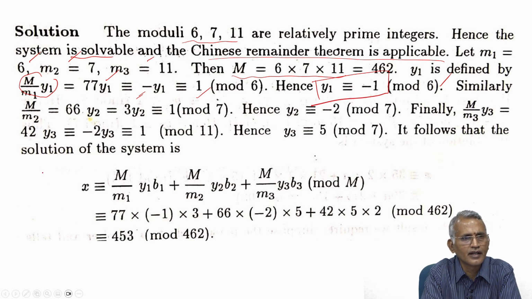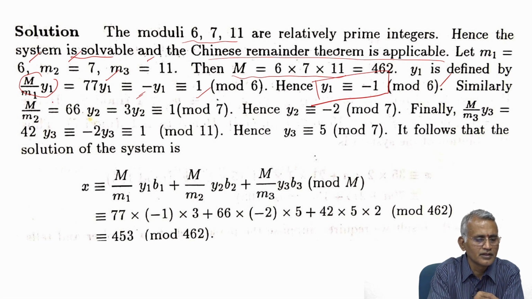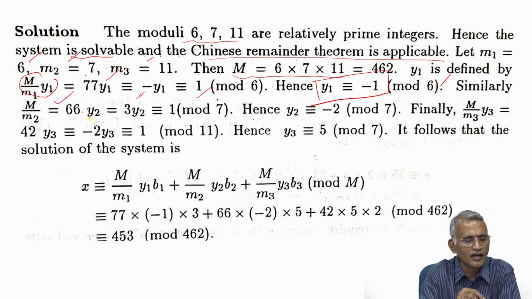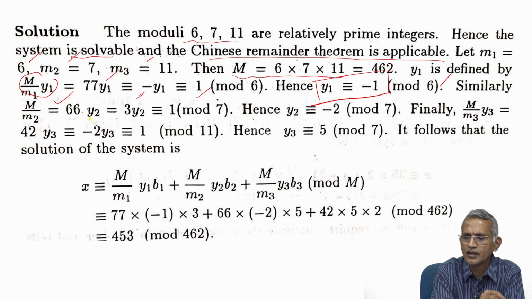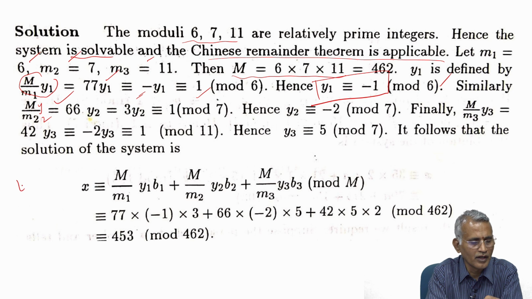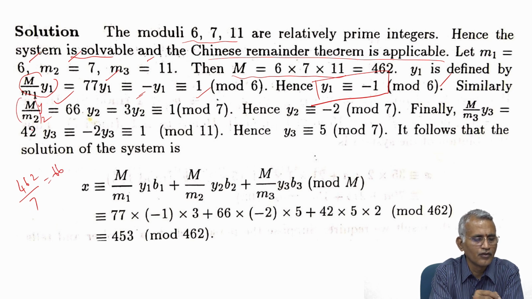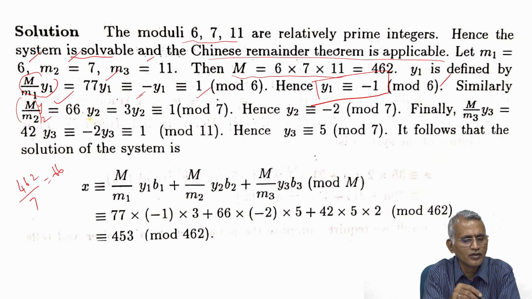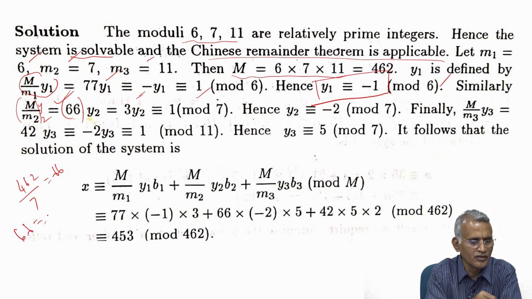Similarly, you go to the next: capital M by m2 equal to 66, because 66 into y2. That is y2. So, capital M equal to 462 by m2, which is 7, and simplifying we have 66, and then you substitute here. Therefore, 66 into y2, under modulo 7, 66 is identically equal to 3.